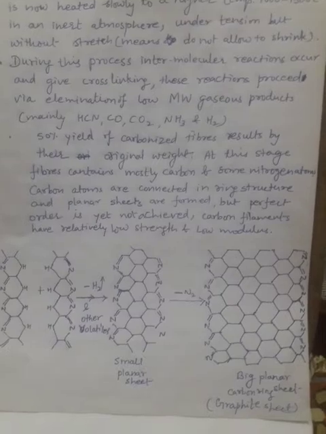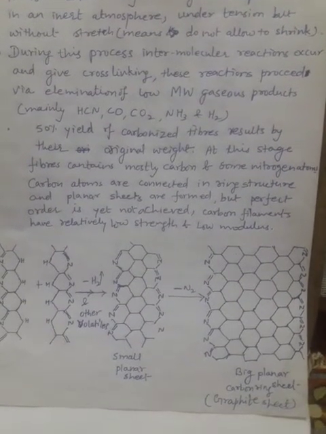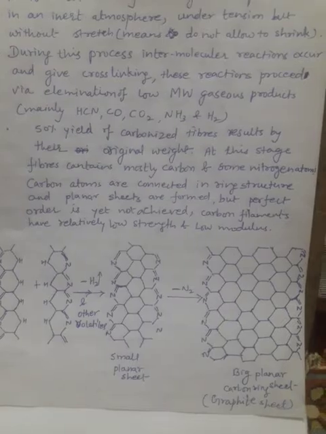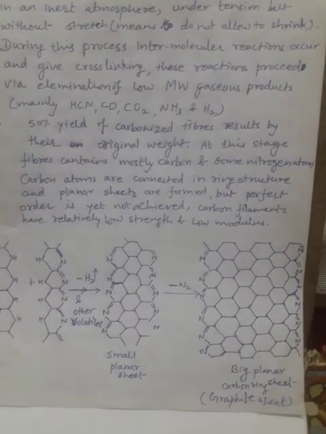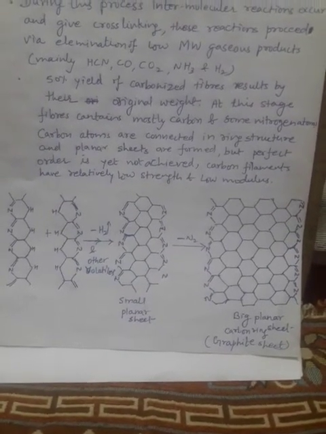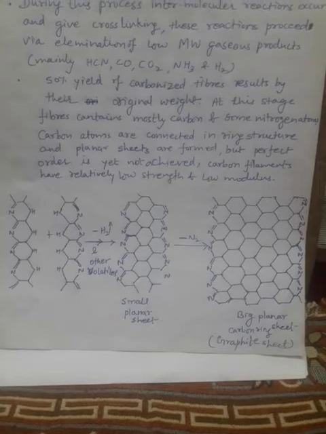Mainly the low molecular weight gaseous products, carbon monoxide, carbon dioxide, HCN, ammonia and hydrogen gas, are evolved during the process. Because of the elimination of these gaseous products, finally a 50% by weight yield of carbonized fibers results relative to the original weight.